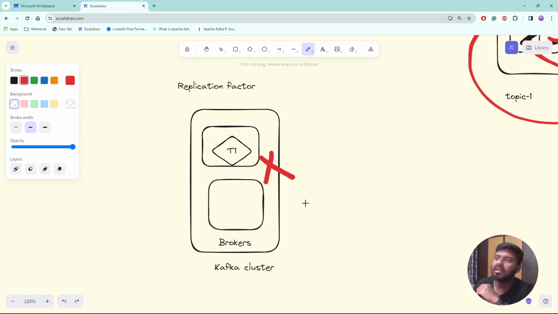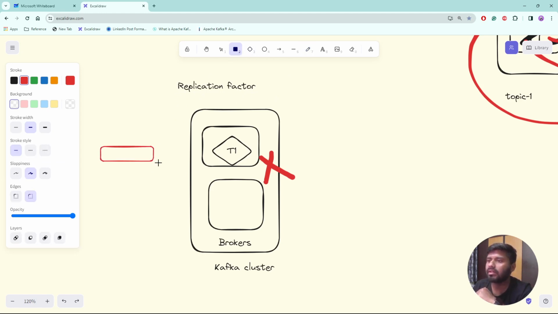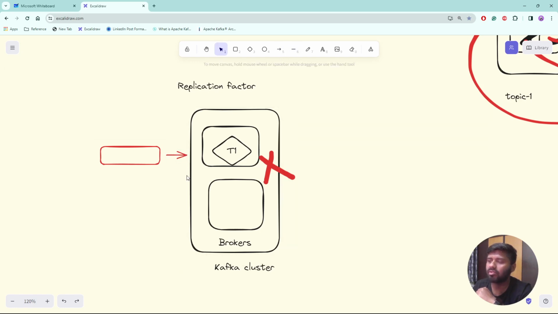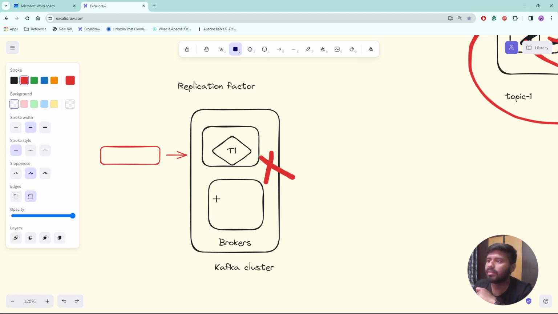That's the reason Kafka also follows a replication factor. That means what? Whenever a producer writes some information into the Kafka cluster, Kafka automatically creates its replica in multiple brokers.